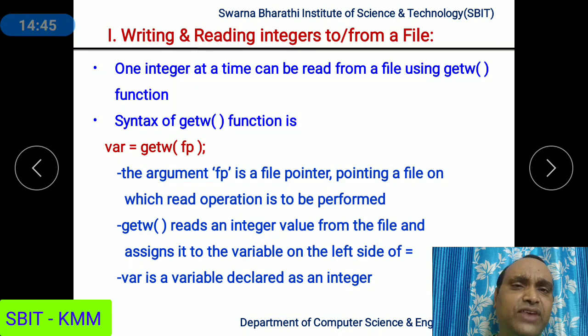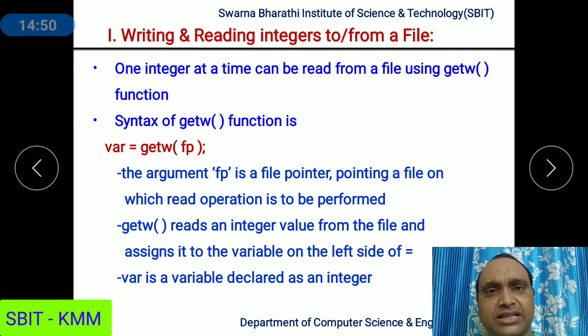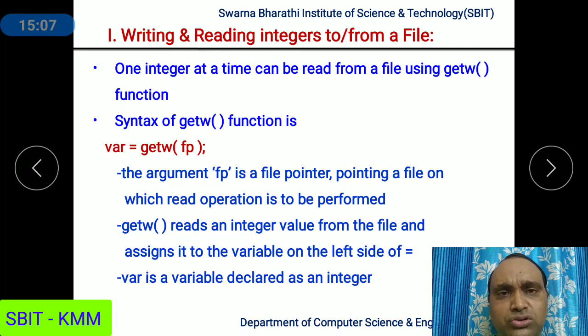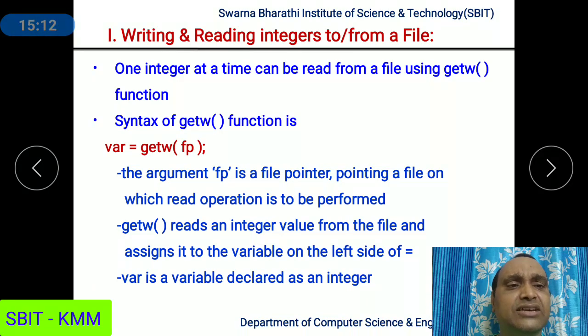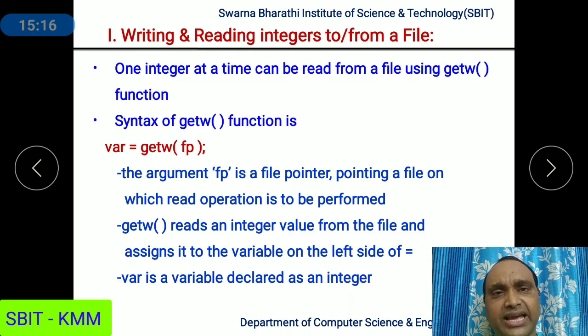Once the end of file character is read by the getw function and stored in the variable on the left hand side, we check the contents of that variable, whether it contains a character equal to the end of file character or not. If getw has read the end of file character and stored it in the variable, then after we find that the variable contains the end of the file character, we stop reading.